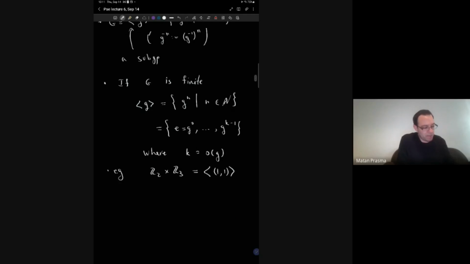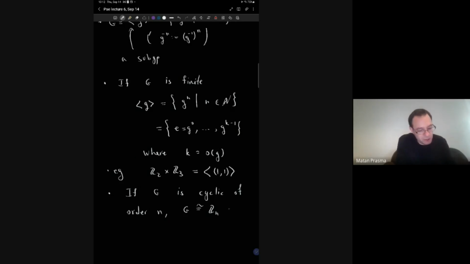And we had a proposition that says that if G is cyclic of order n, then G is isomorphic to the group of integers modulo n.